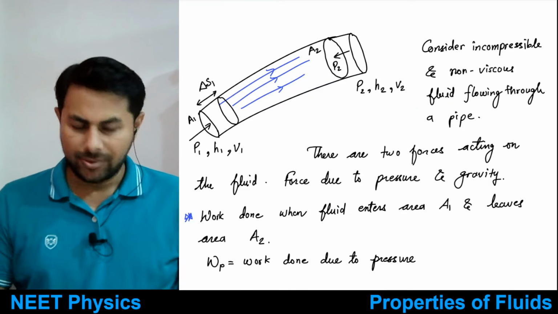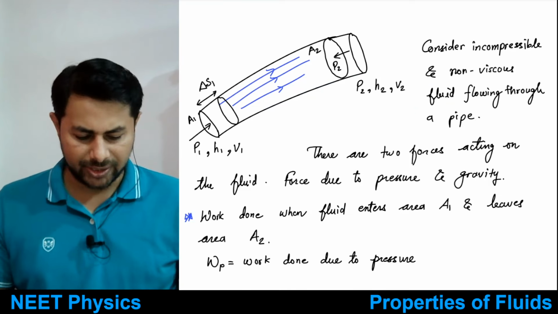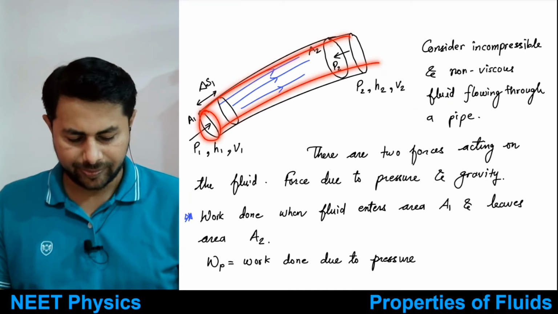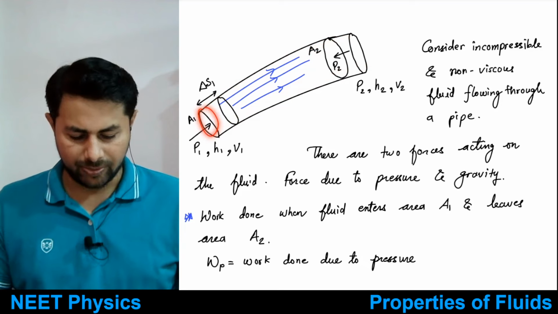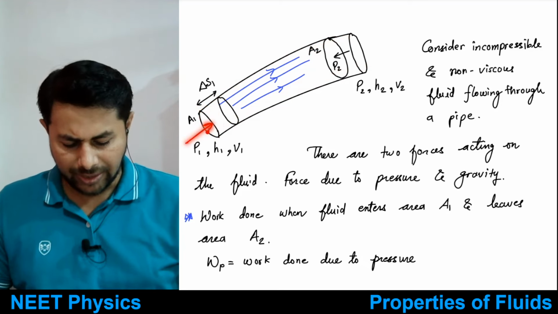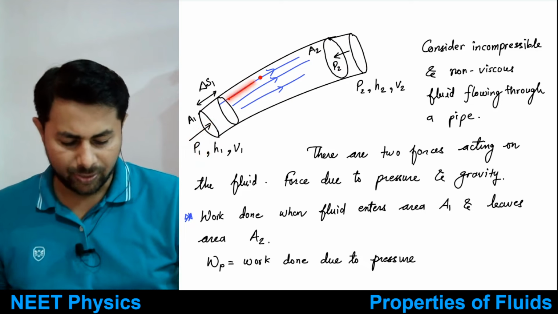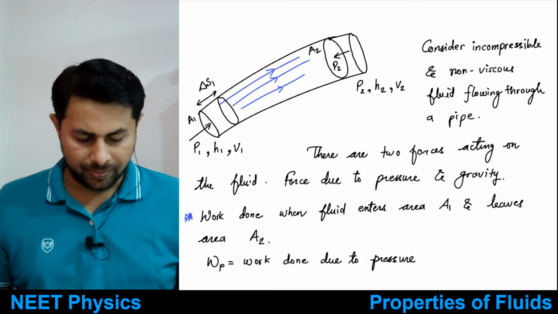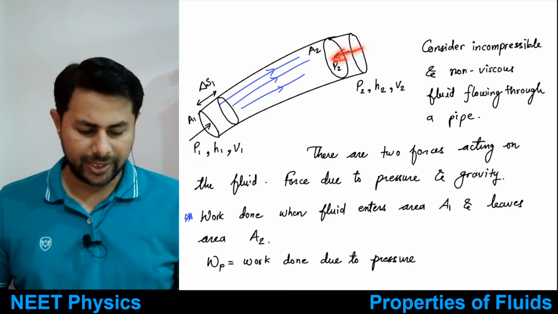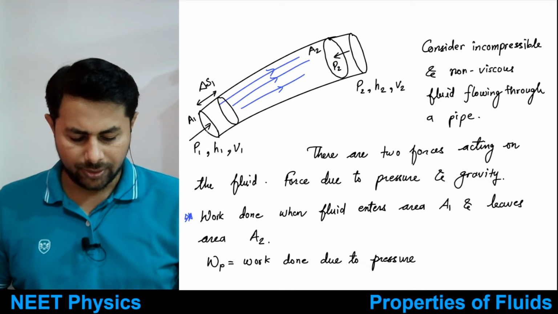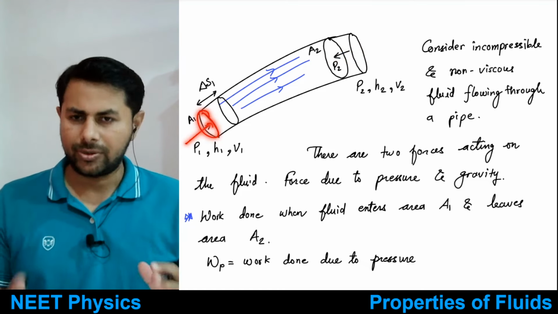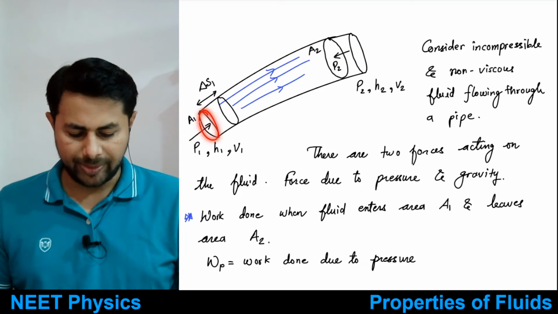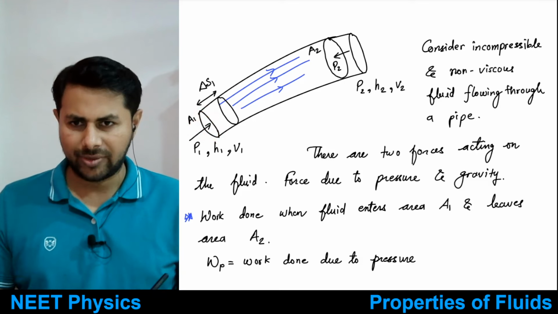All right, so let's see where it comes from. Suppose this is a fluid moving through this pipe. Pressure at this end is suppose P1, and it's moving in this direction, which means pressure from this end must be more than the pressure at the other end, suppose P2. Force at this end would be pressure multiplied by area, so it is P1A1.